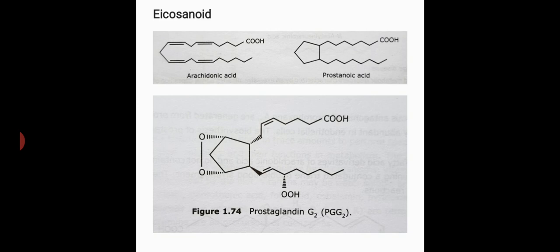These are known as eicosanoids because of their common origin from 20 carbon polyunsaturated fatty acids called eicosanoic acids, mainly arachidonic acid. These are potent hormones and act locally instead of being transported in the blood to act on cells of other tissues or organs.